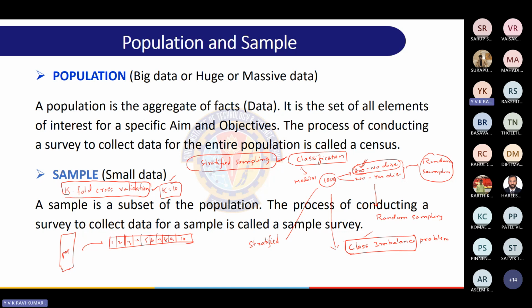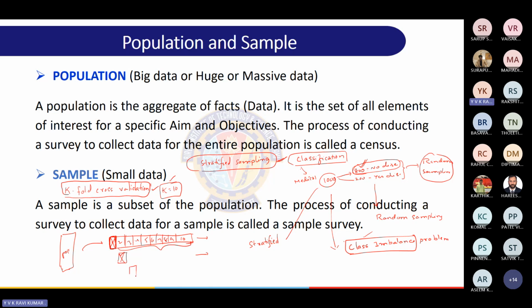We take the first sample, train the model on it and test on the rest. Then see how it performs. Next, we take the second one, train on it, and test on the rest, and see the performance.